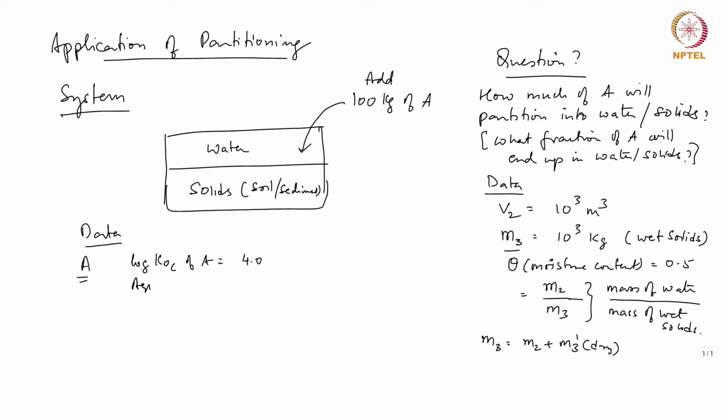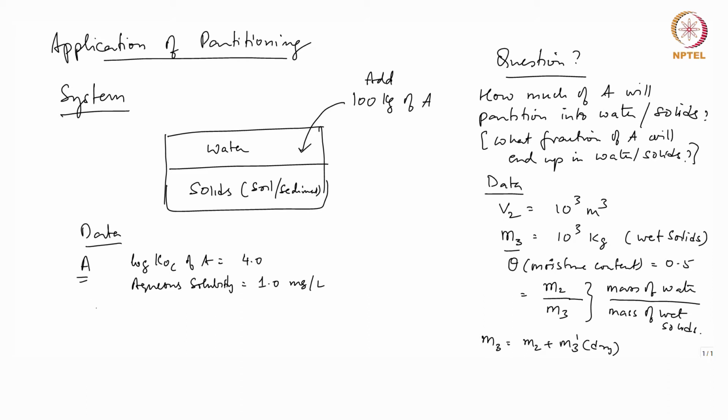The aqueous solubility of A, let us say, is 1.0 milligrams per liter. Okay. This is the aqueous solubility of A.